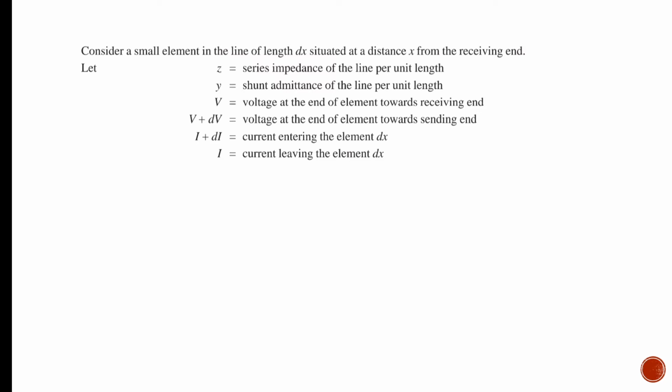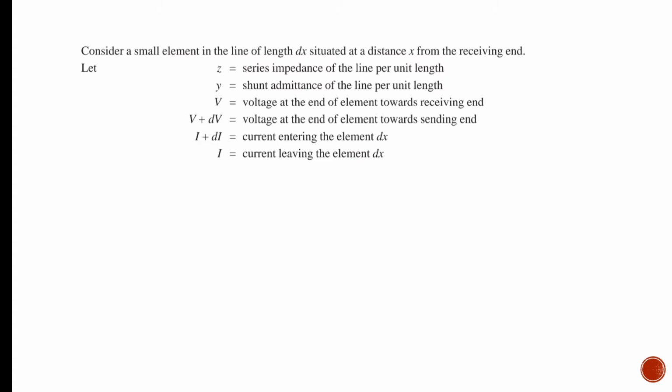For measuring distances, consider a small element in the line of length dx, situated at a distance x from the receiving end. In every distance calculation I relate to the receiving end voltage, and the sending end to the sending end voltage.